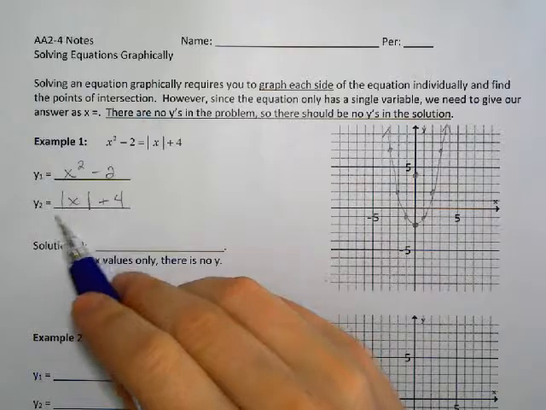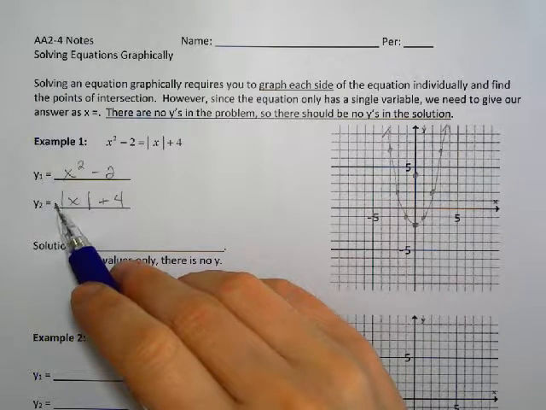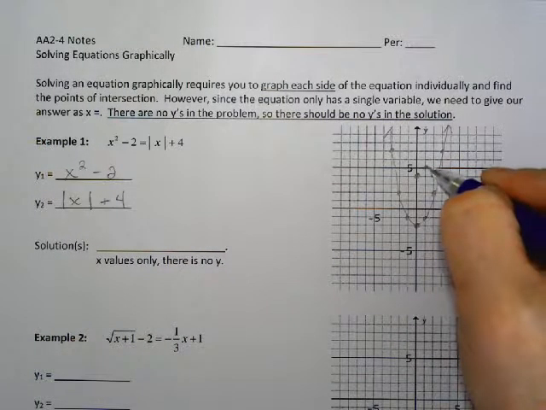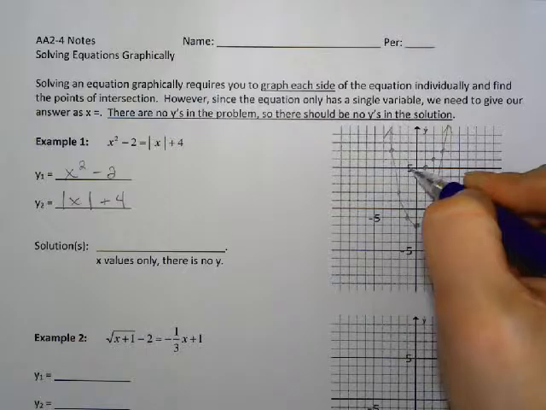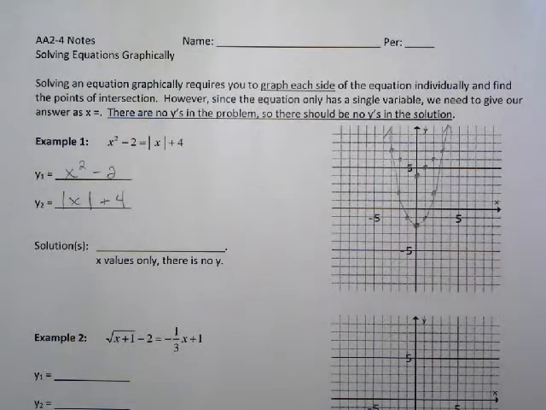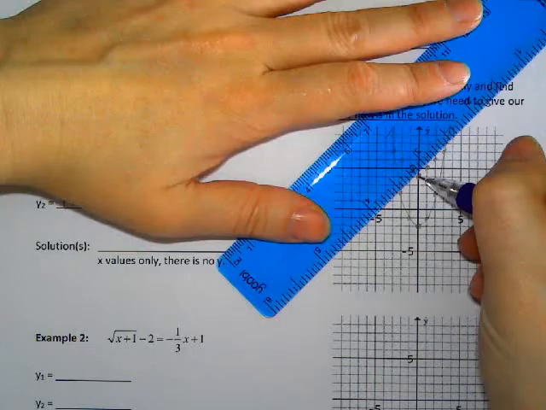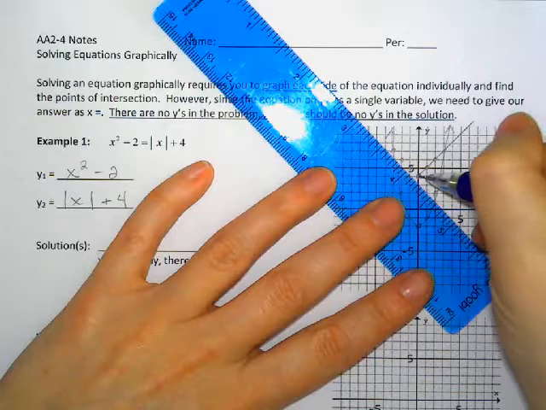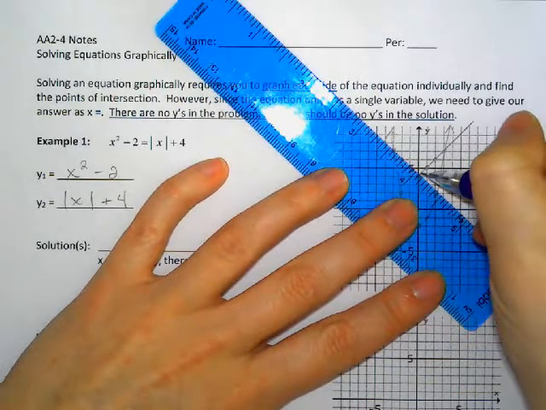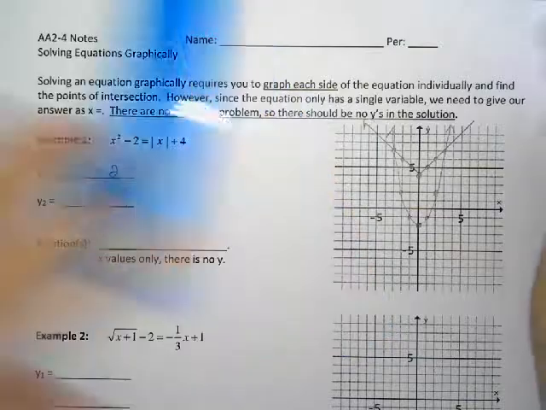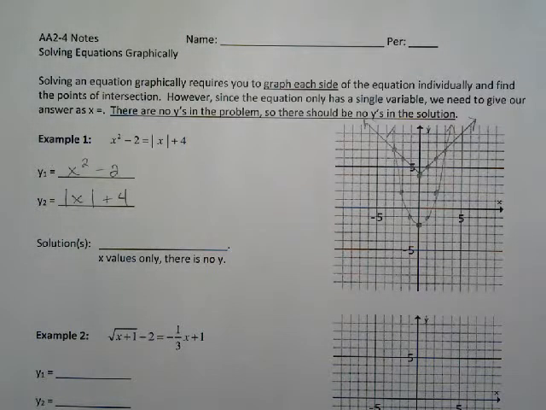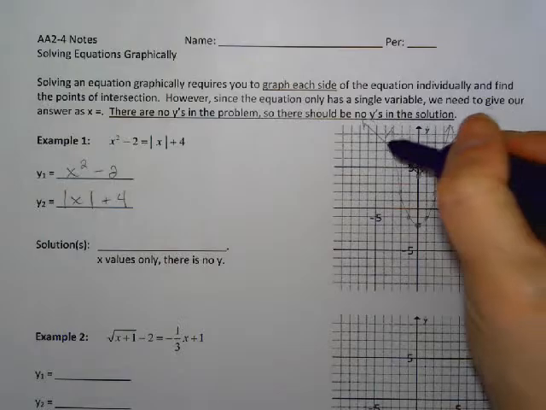So with the absolute value, because I have no stretch factor on it, the a is not any different, and it's not being moved left or right, then I'm just going to go out 1 and up 1 in both directions continually. So I have my points of intersection here and here.